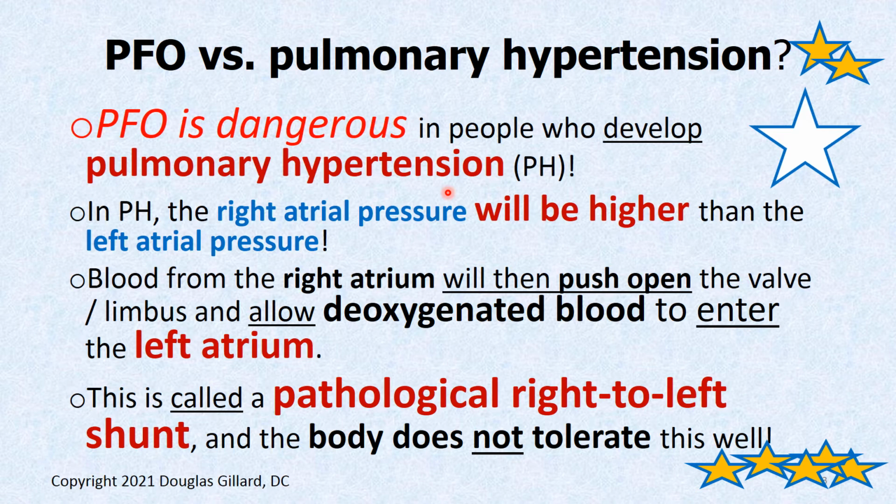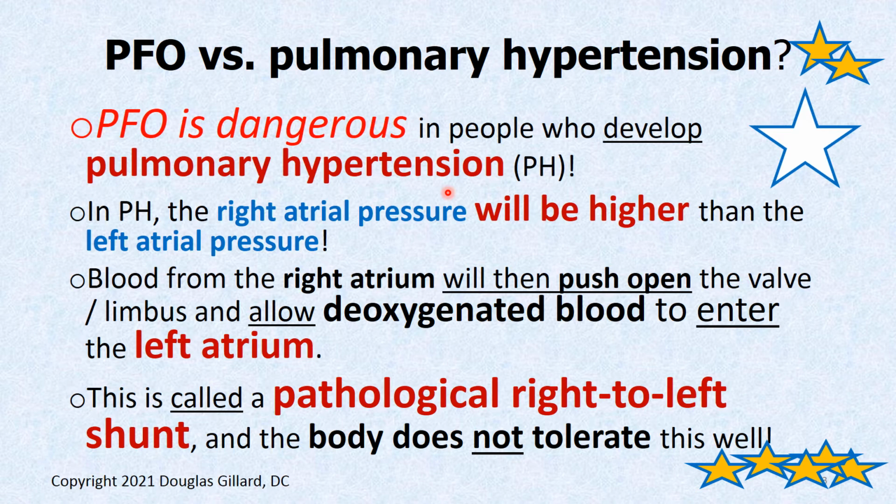But it doesn't like deoxygenated blood mixing into oxygenated blood, because that drops the percentage of oxygen carried in the blood, and that will cause the whole body to become hypoxic. The tissues will experience ischemia and decreased perfusion. Those are all words that mean the oxygen has decreased.